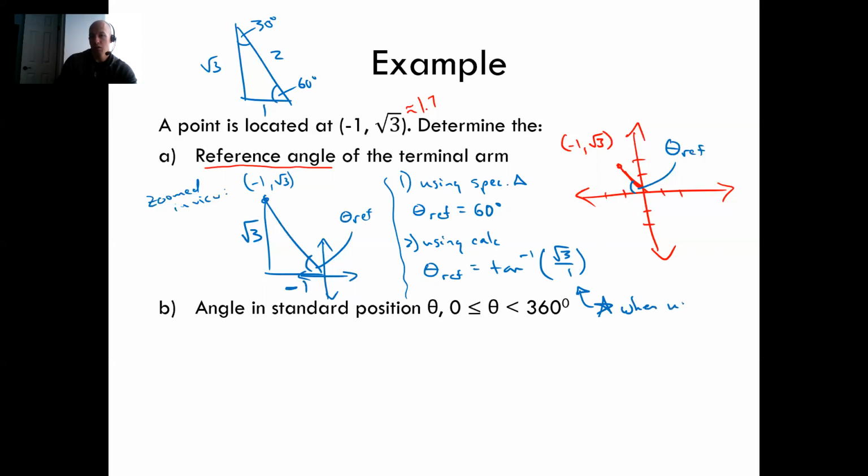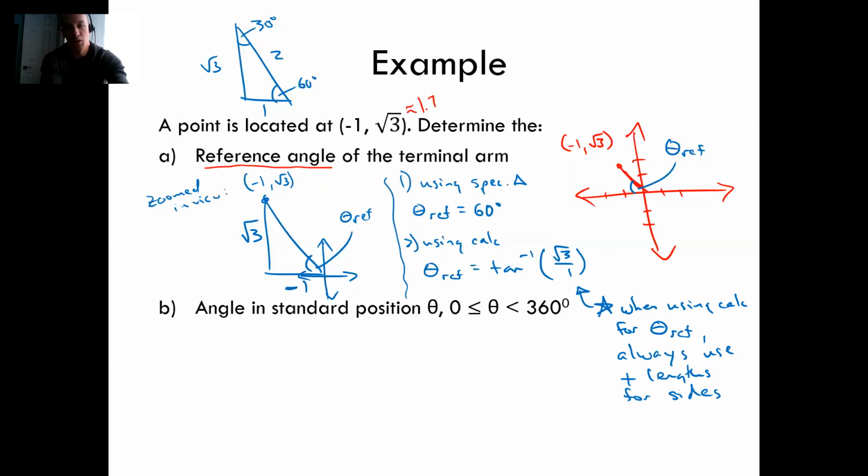When using the calculator for reference angle calculations, always, always, always use positive lengths for the sides. That's really important, because if you don't, you're going to get something funny a lot of the time.